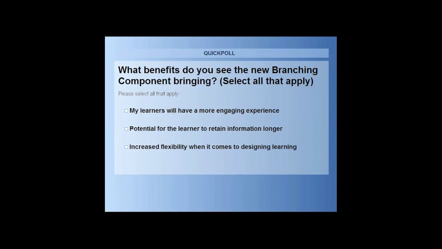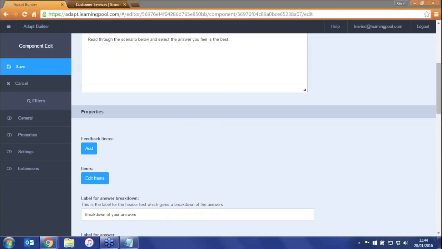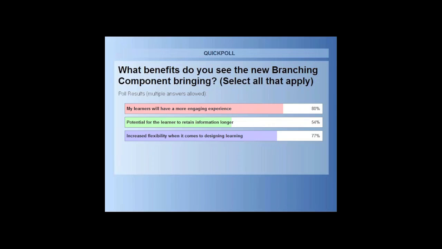Lindsey, if you can hear us, let's get your take on it. Yeah, sure. Thank you for that, Lisa. I think, as we'd expect, all of them have scored fairly highly. Actually, I would have expected the middle one to be a bit higher, the potential for the learner to retain information for longer. One of the really good things about being able to practice is it brings in, probably a bit early, a little bit of spaced practice, so there's actually doing it.